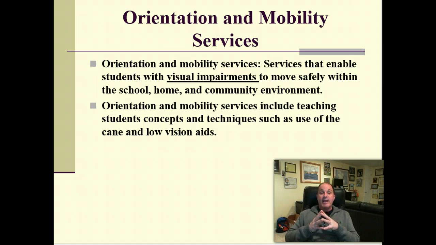And this could be learning how to use a cane, learning how to use a low vision aid. So children with visual impairments will often have orientation and mobility services on their IEPs to help teach them how to get around the environment because of the difficulties that they have with seeing and basically moving around the environment safely.